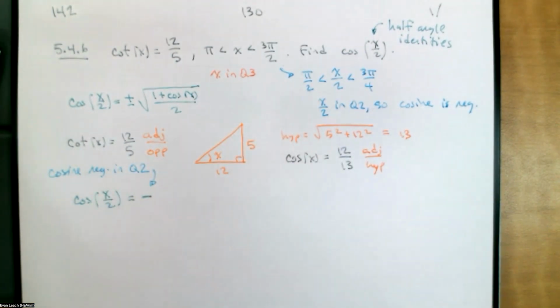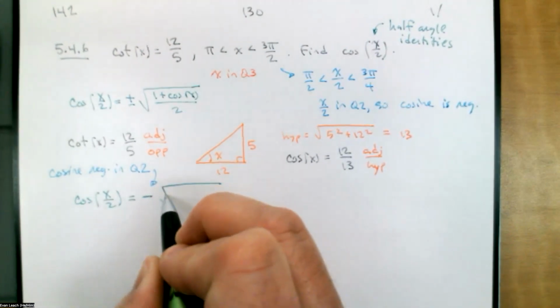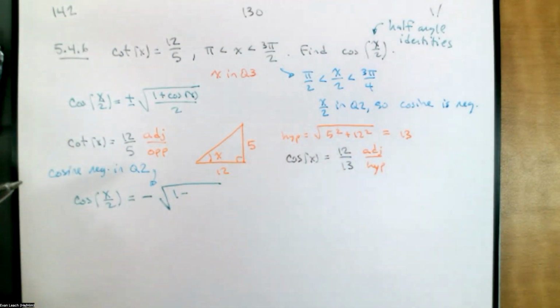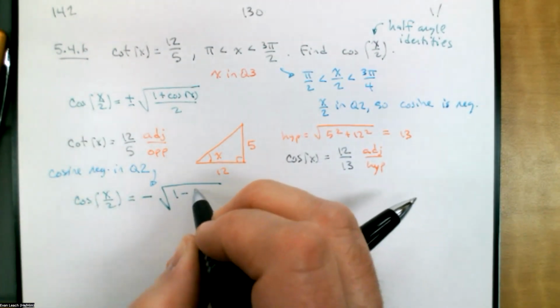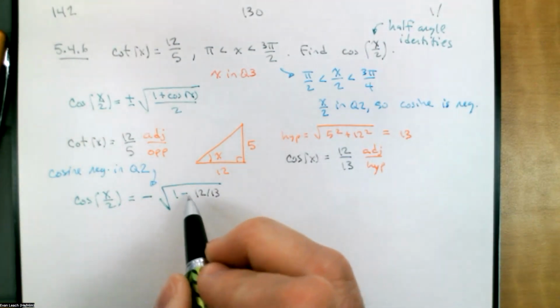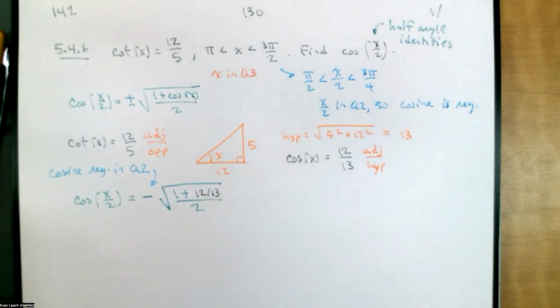So I'm going to want the negative square root. And then we have the square root of 1 plus 12 over 13, all over 2.